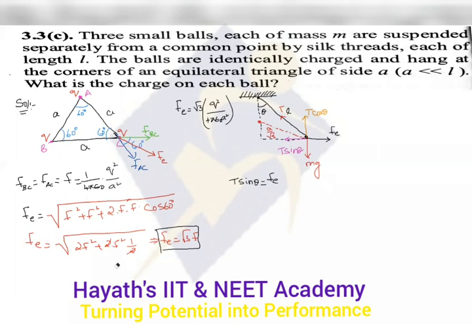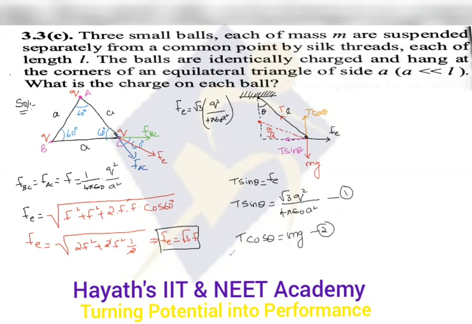Fine. The next thing, I would like to substitute here: T sin theta is equal to the value of Fe, directly I can write here root 3 q square by 4 pi epsilon naught a square. Let's take this part as our equation number 1. Now after equating the vertical components, we'll get T cos theta is equal to mg. Let's take this part as equation 2.